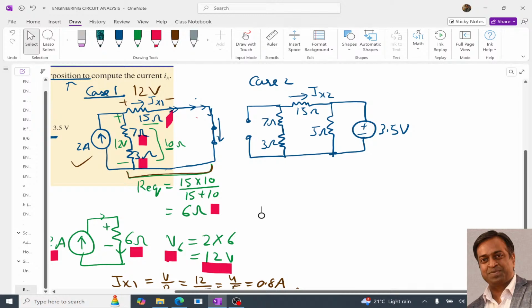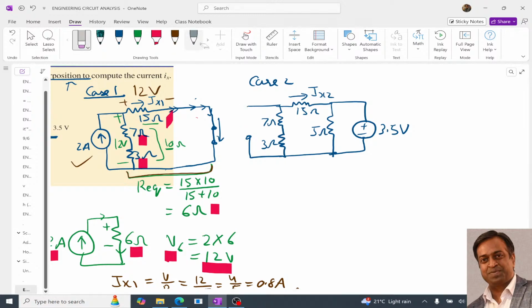In case 2, since we have this open circuit, we can simply remove it to simplify the circuit. So our circuit is like this. Now over here, this 3.5 volt is in parallel with this 5 ohm. Also, this 3.5 volt is in parallel with the series combination of these 3 resistances, 15, 7 and 3.